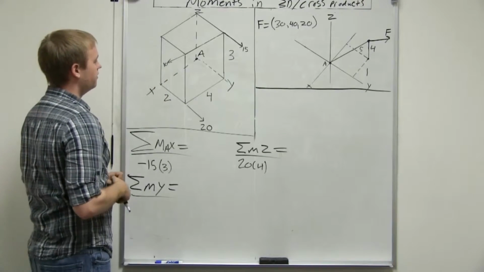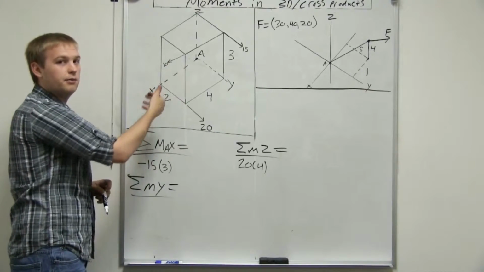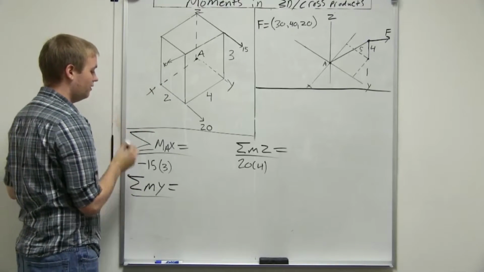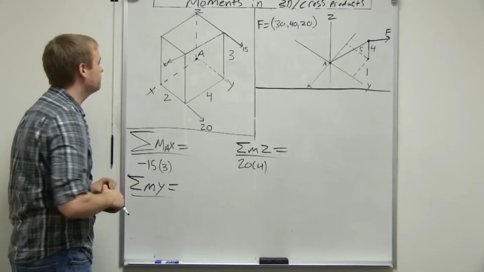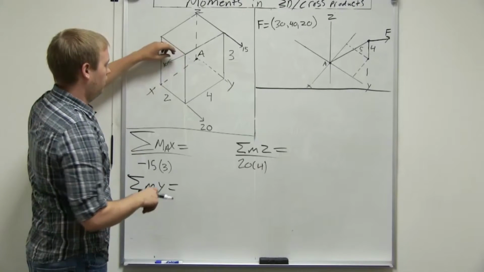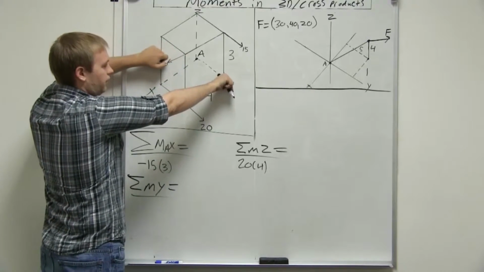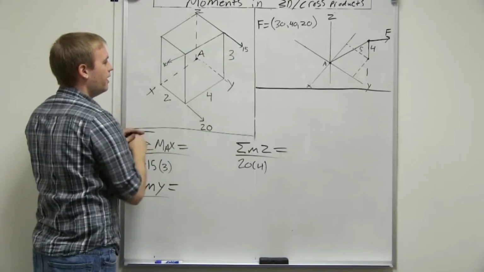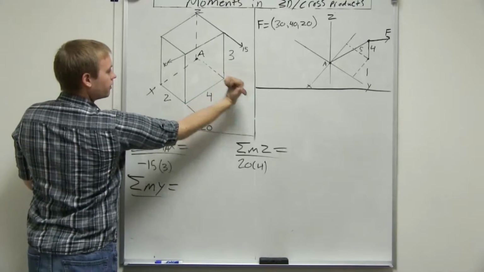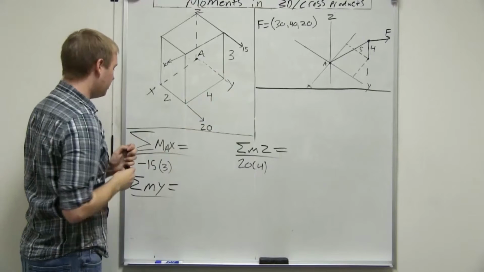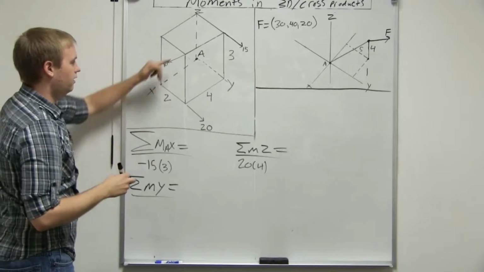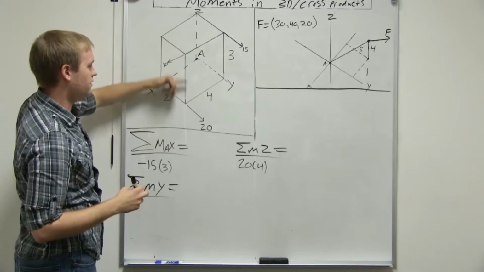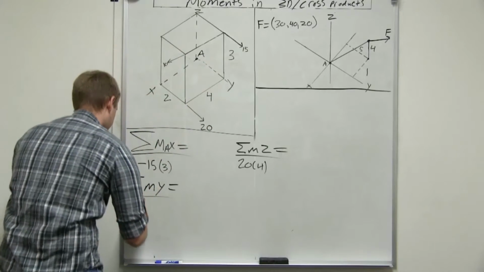The 10 pounds is parallel with the x-axis. So we know that it doesn't create a moment about the x-axis. If you were to hold your y-axis and pull, it would rotate around the y-axis, going that direction. So it's going to be a positive moment about the y, 10 times this distance, this 3.